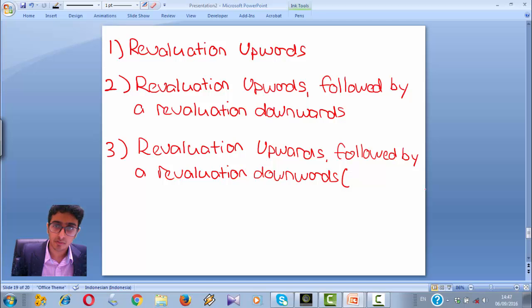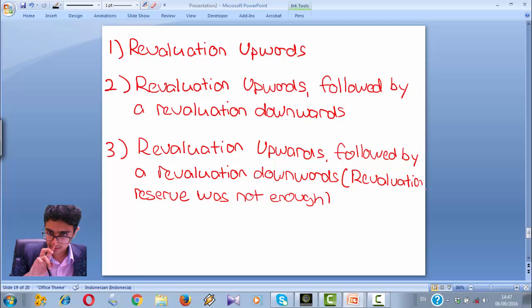But in the third scenario, my revaluation reserve was not enough. Okay, 3 scenarios to remember under IAS 16.